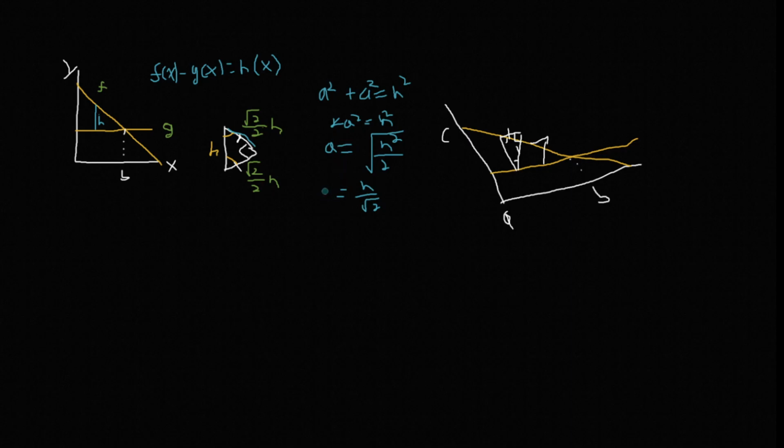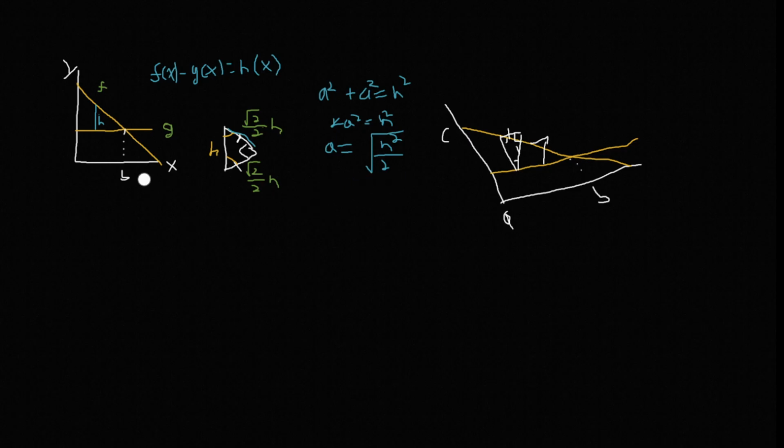But hey, we've solved for A, and it doesn't look like this. Well, we can just rationalize our denominator here. Square root 2 over square root 2. So this just becomes 2 on the bottom, and this is just square root 2 over 2 times h. And so that's just another way of solving it if you don't know your trigonometric identities.